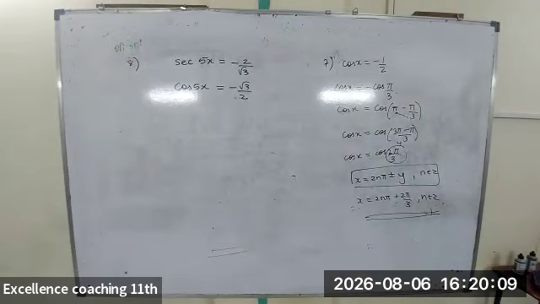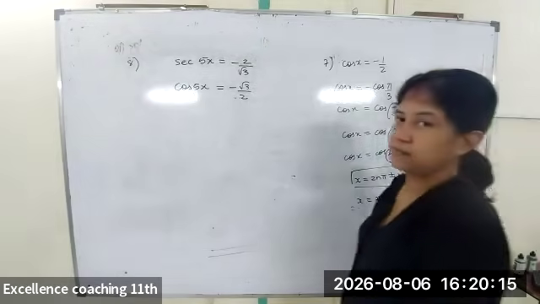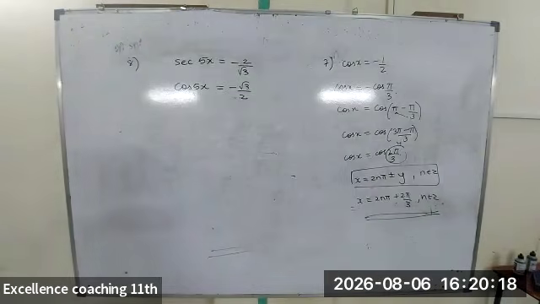Then take the minus inside. Directly we cannot take it for cos. Write it as pi minus pi by 6. So my right side is minus.